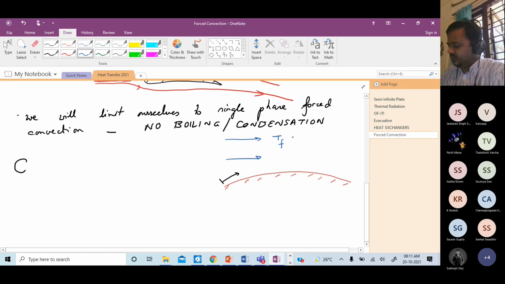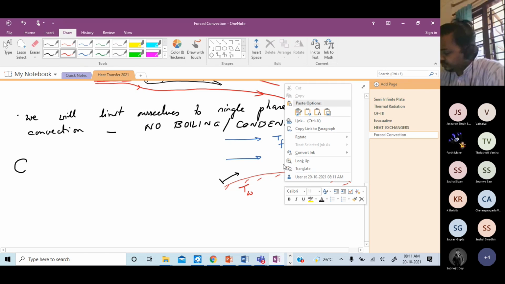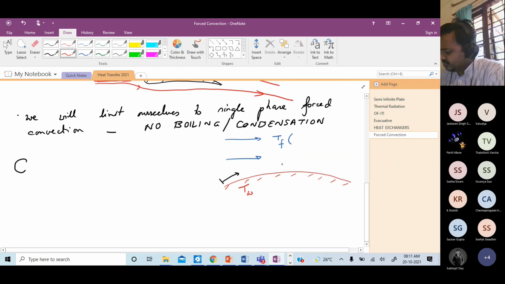The fluid is at a temperature Tf, and the wall is at a certain temperature Tw, as a result of which there is a rate of heat transfer Q double prime.